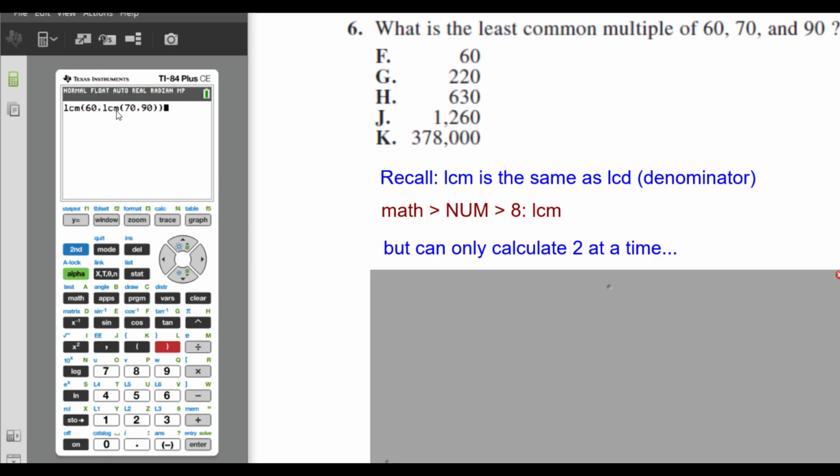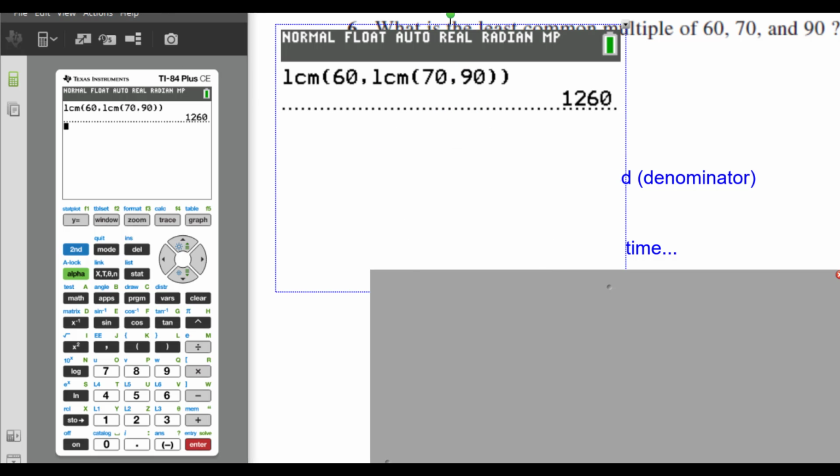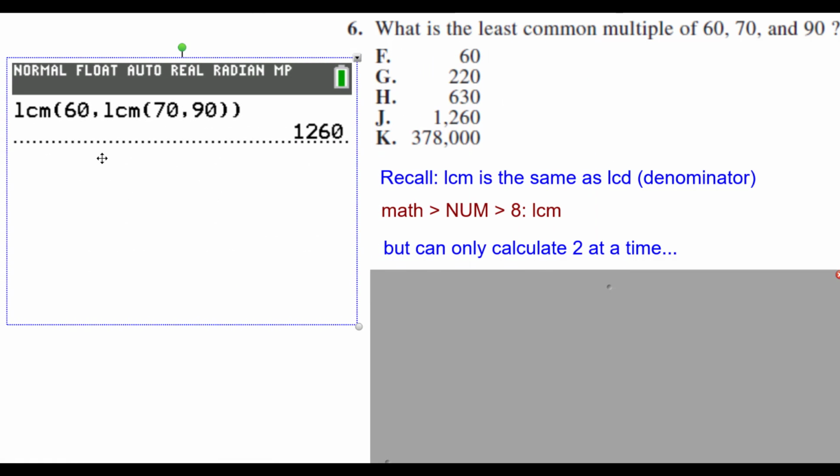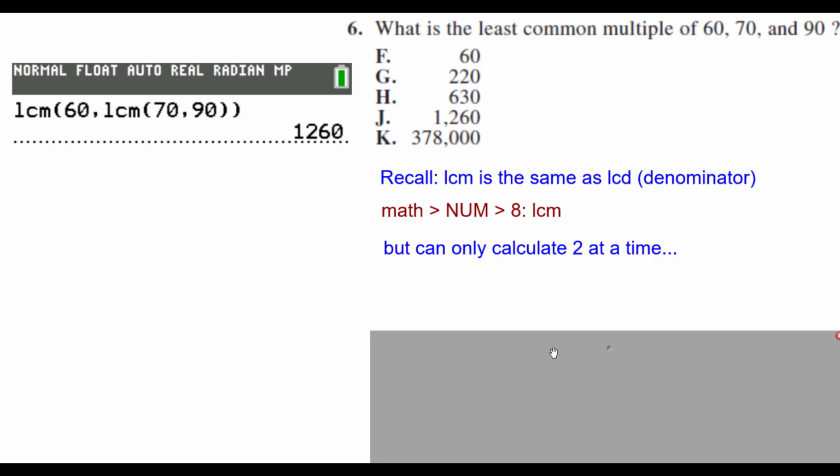So you're going to find, inside out, the least common multiple of these two numbers paired up, that answer paired up with 60, and the answer is 1260. So let me peel that off, and so the answer is J.